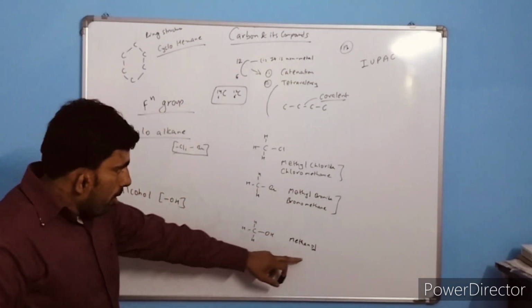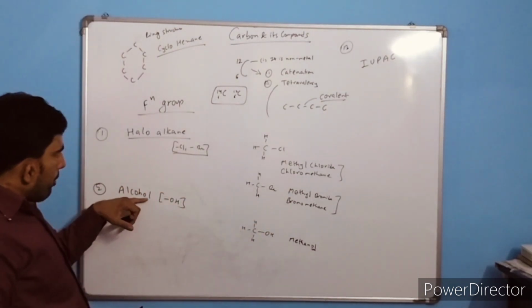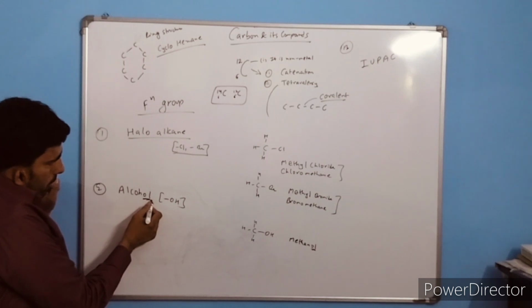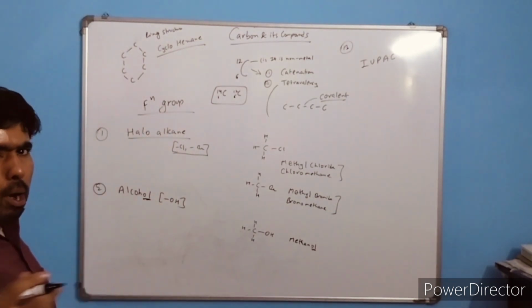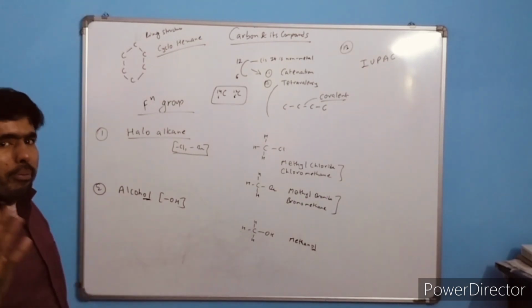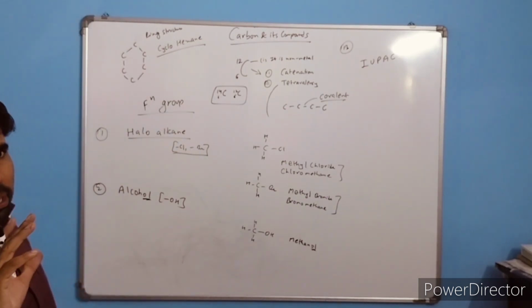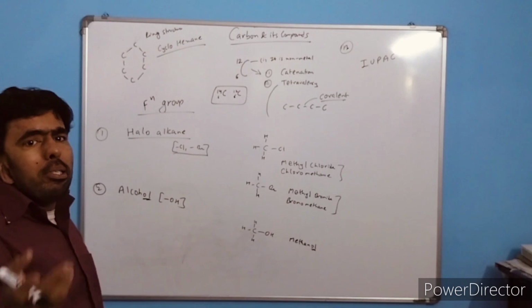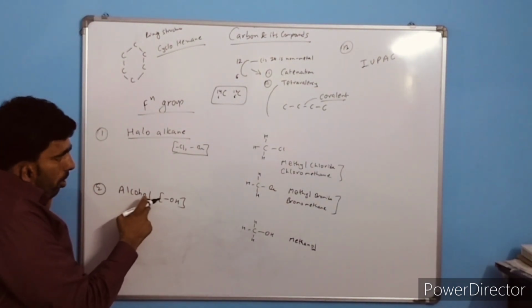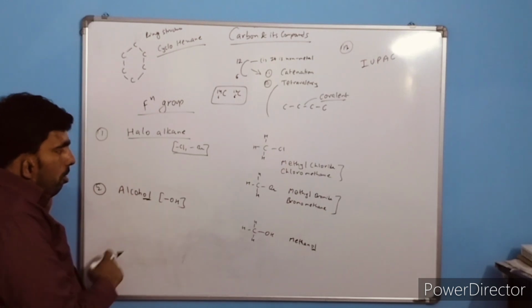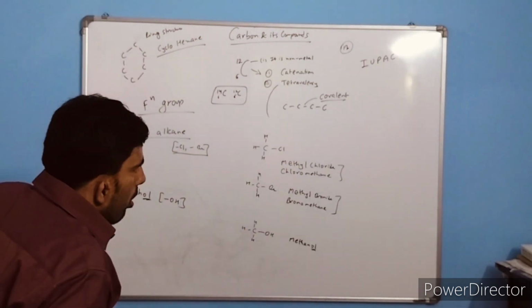Remember that OL has been taken from alcohol as a suffix. In English we have studied two words, suffix and prefix. Suffix means the word after, prefix means the word before. So I have used the last two letters of this word, so that is the suffix.